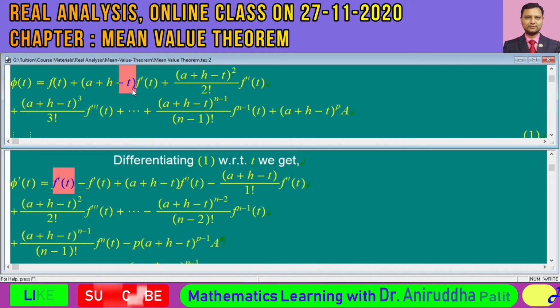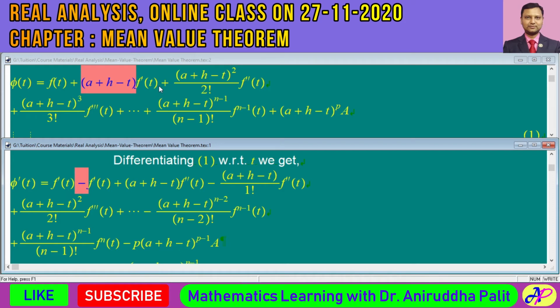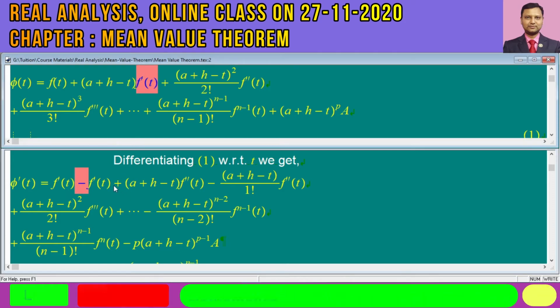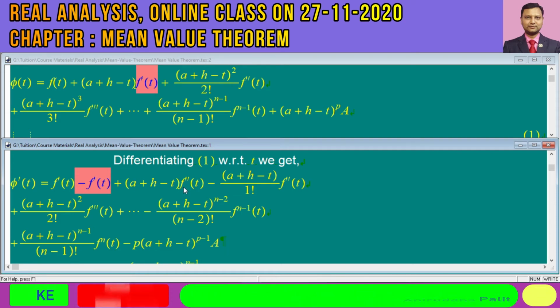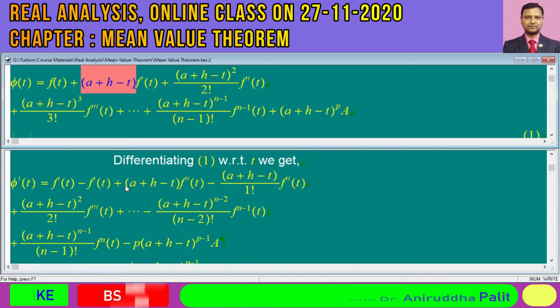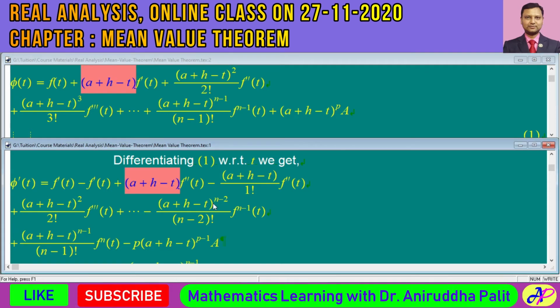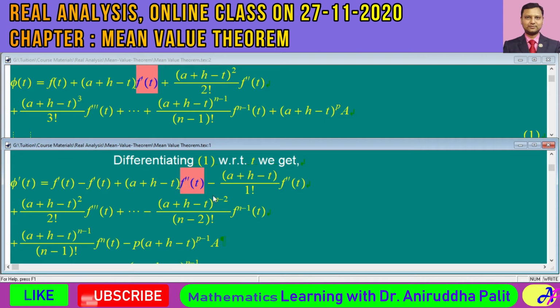The derivative of a plus h minus t with respect to t gives a negative sign, so minus 1 into the second function f dash t, so minus f dash t appears. Plus, the first function is kept constant, and the derivative of the second function gives us f double dash t.